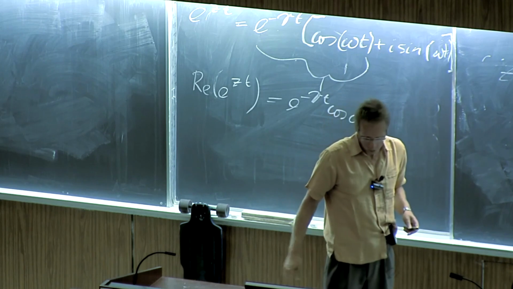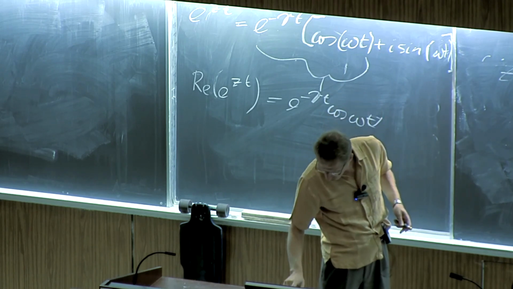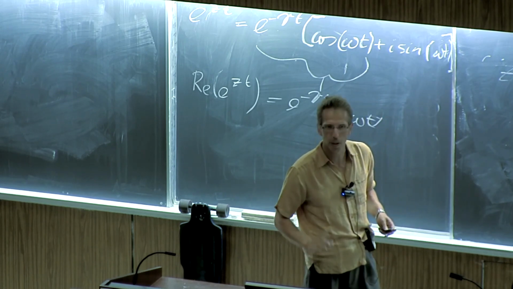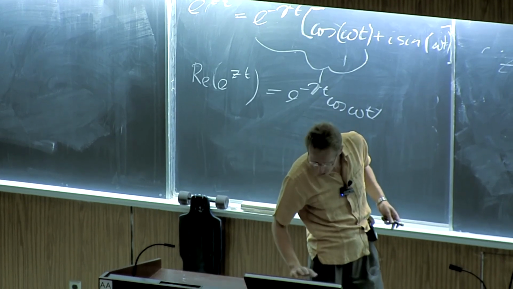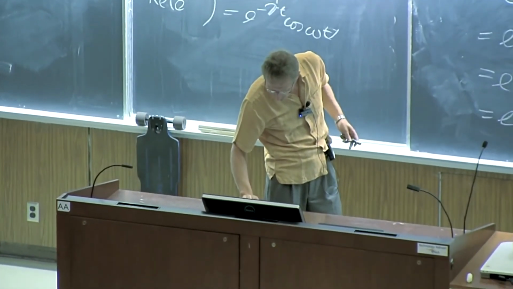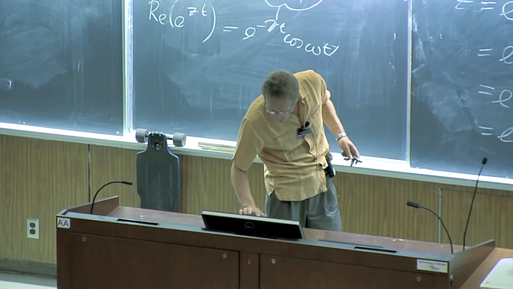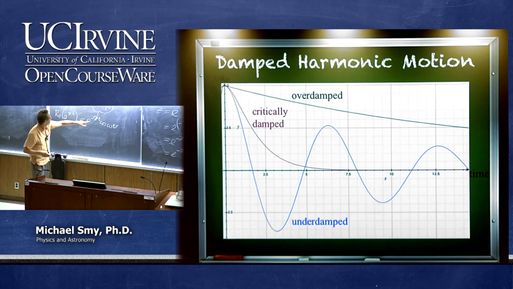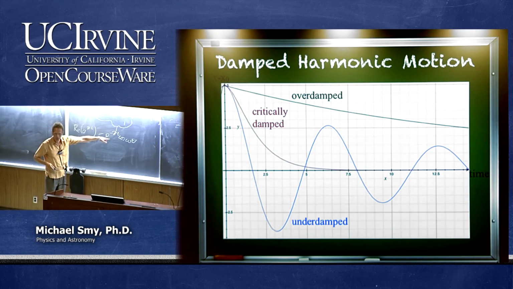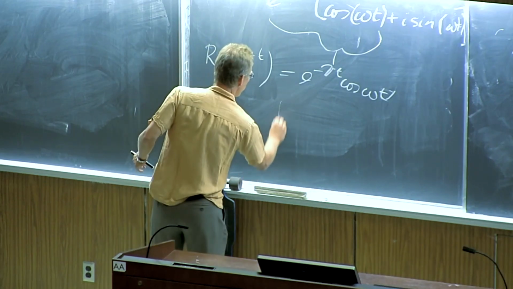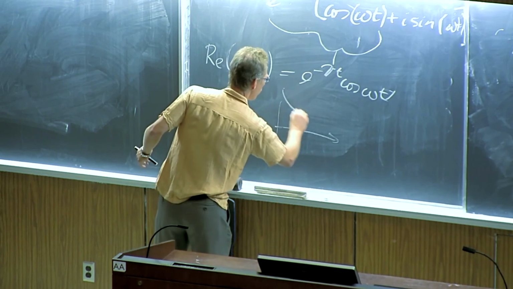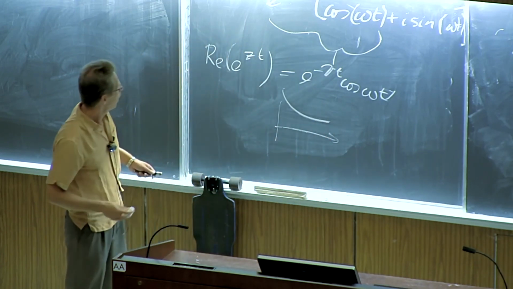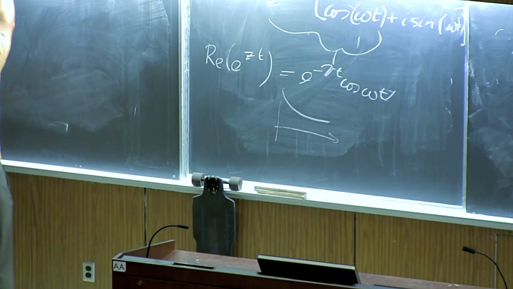So the way this function looks like, we will come back to this at the next lecture. I just want to show you the way this function looks like. This is an exponential function. An exponential function looks roughly like this. Let me make this bigger.